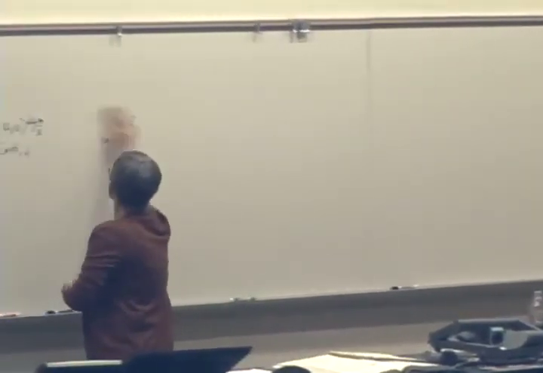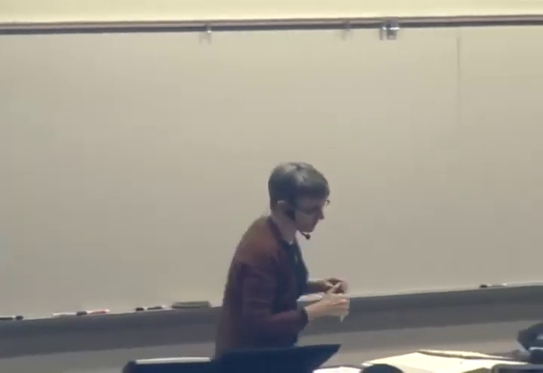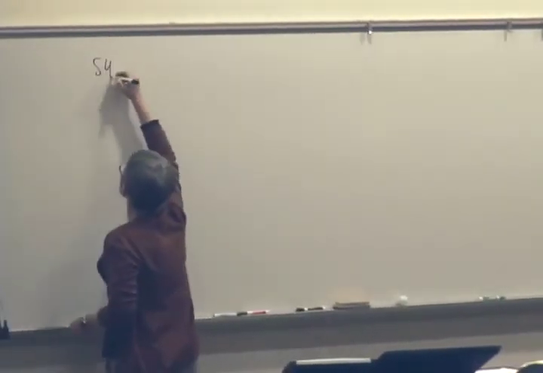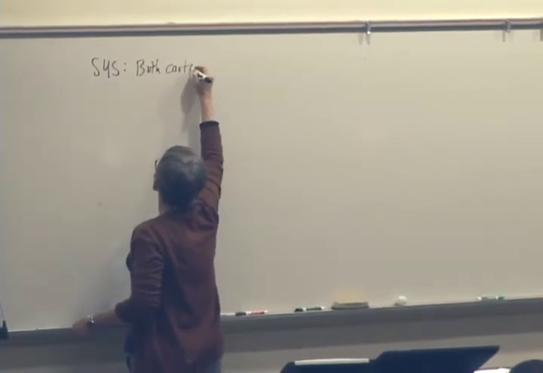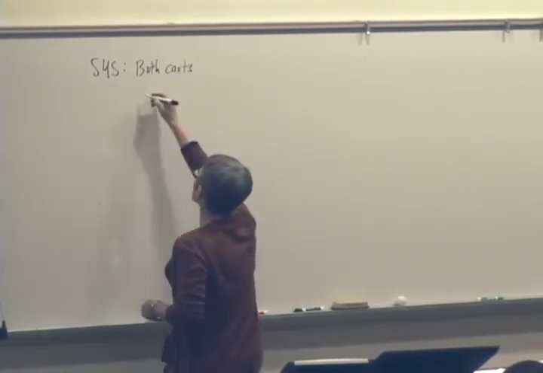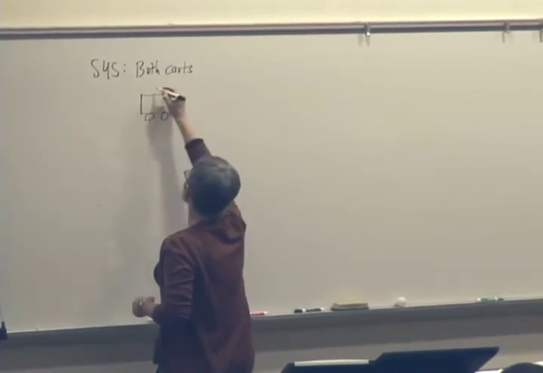So given what we've just said, what do you think we ought to choose as the system? Two carts. Okay. So we have two identical carts. The system, both carts. And we'll draw a little diagram to remind us of what's happening in the initial situation.